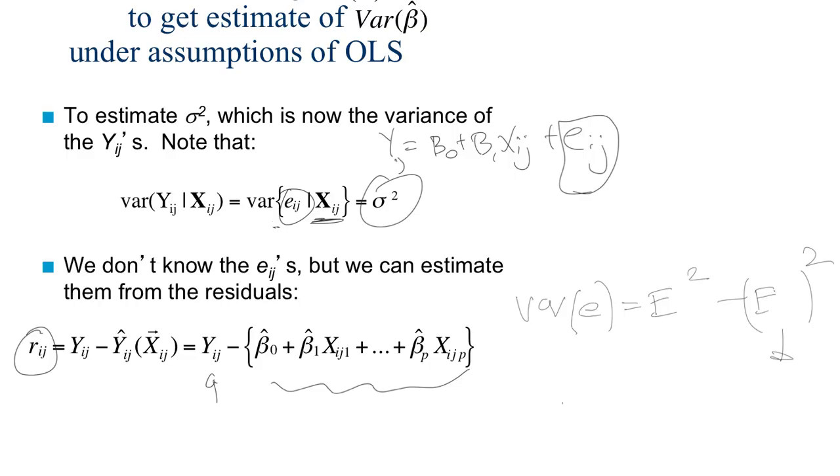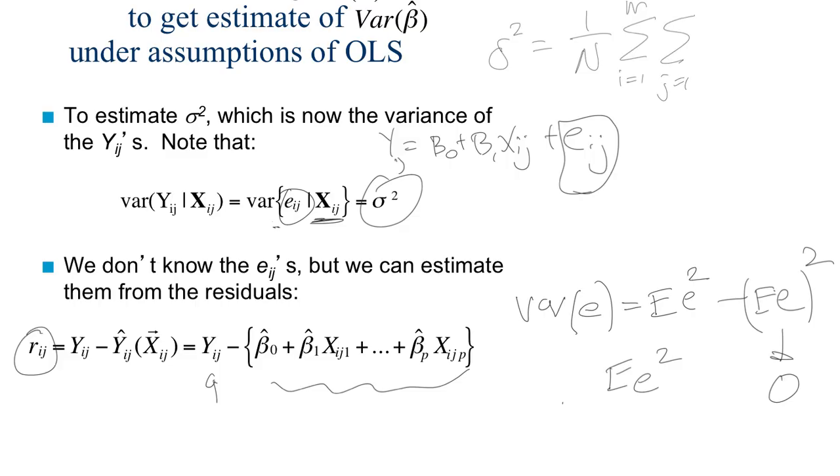The variance of e is the expectation of e squared minus the expectation of e, that quantity squared. This is equal to 0, so it just is equal to the expectation of e squared. So I could get my estimate of the variance by just getting 1 over n, the sum over i equals 1 to m, j equals 1 to n_i, of e_ij squared, right? That's an estimate of the variance.